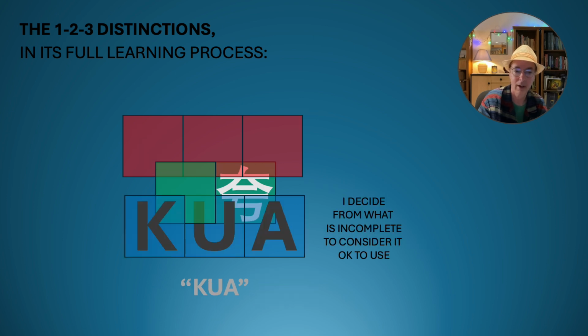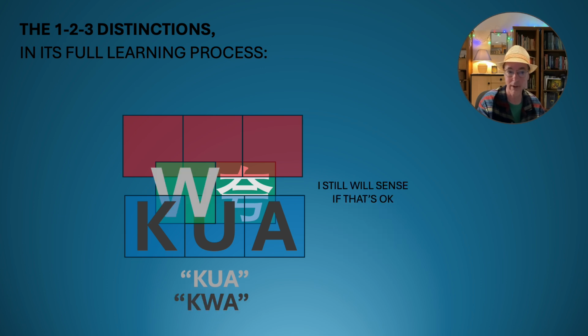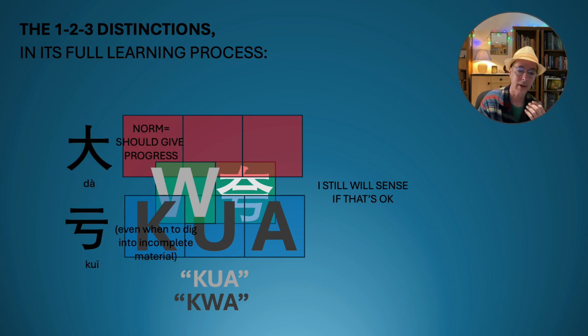I will sense what I can get out of it is in that sound combination QUOI, also available and very visible. QUOI here is written as K, U, and A, so both in the underlying self-pushing level where you see the things as they are, so I decide what is incomplete, and I also consider it okay to use. With the W, I also will sense if it's okay. And the background of the sign also says, but there are certain conditions.